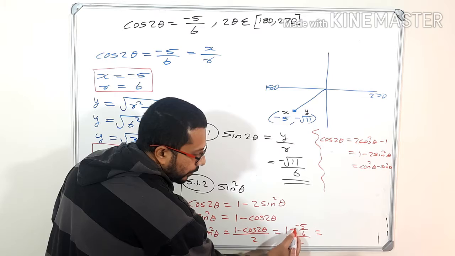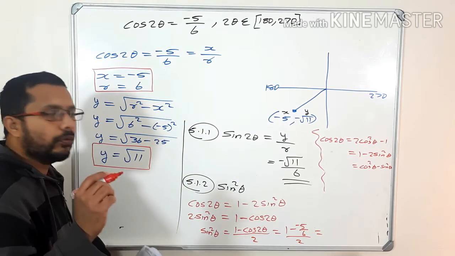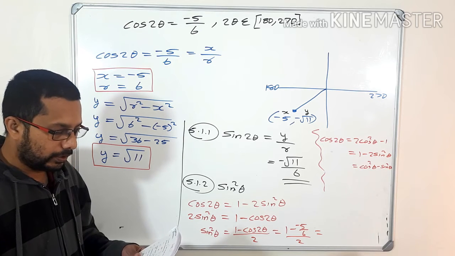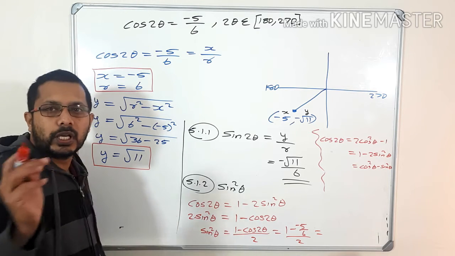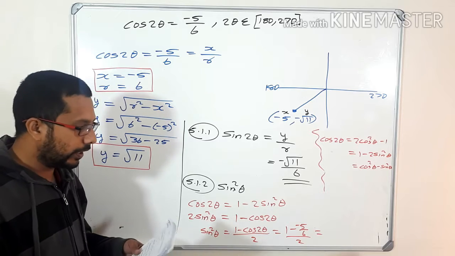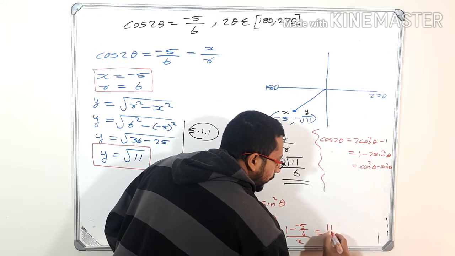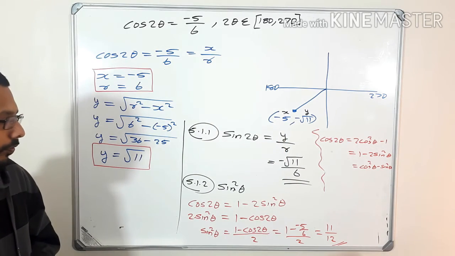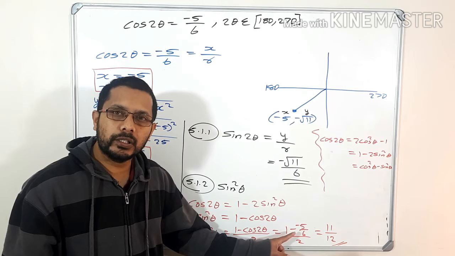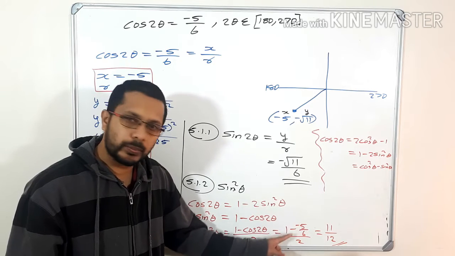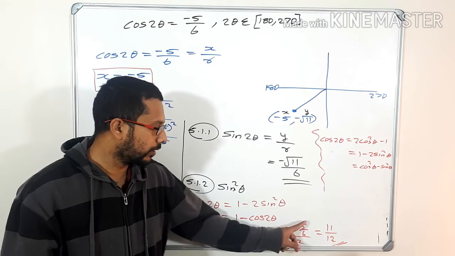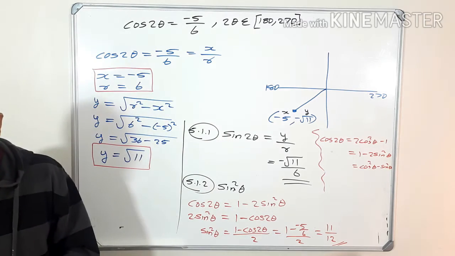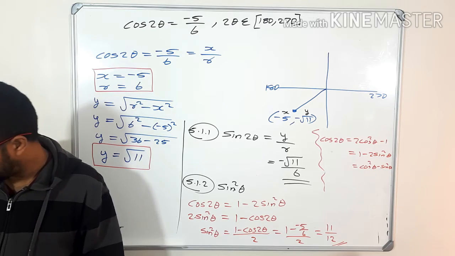This minus and minus becomes positive, so it is 1 plus 5 over 6 divided by 2. You will get the answer as 11 divided by 12. When you type it in your calculator, you must be careful. This minus and minus becomes plus. So it is 1 plus 5 over 6 divided by 2, that means 11 over 12. Okay, let's go to the next question.